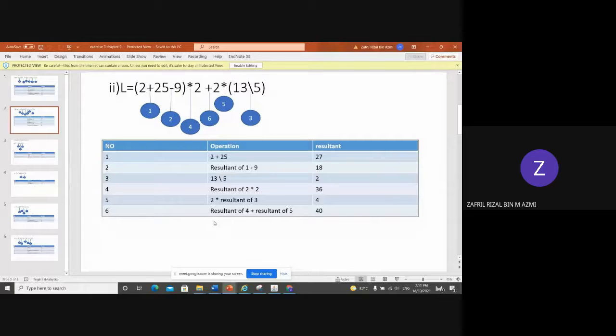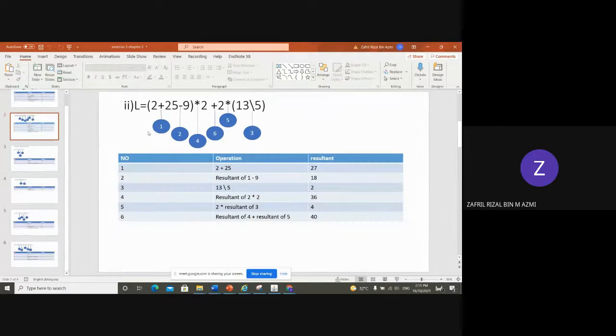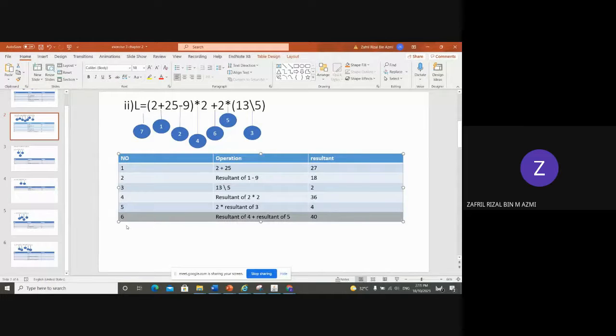Store the resultant of 6 in L, for step number 7. Where to add this? Add it here, number 7. That is the wording.